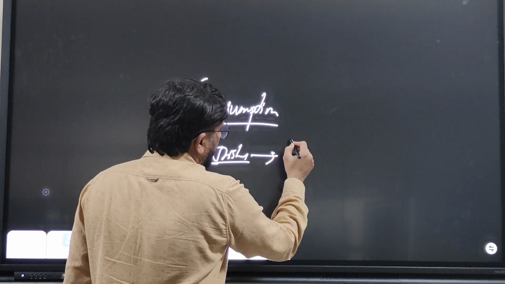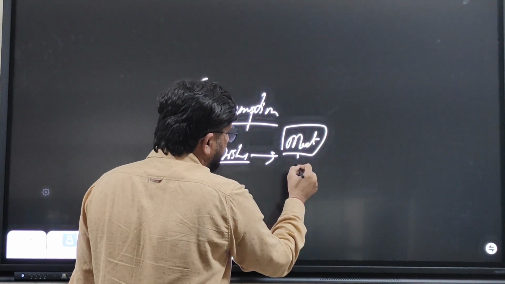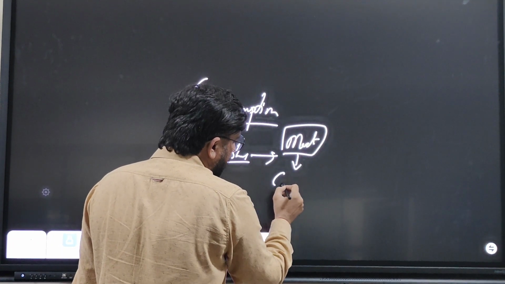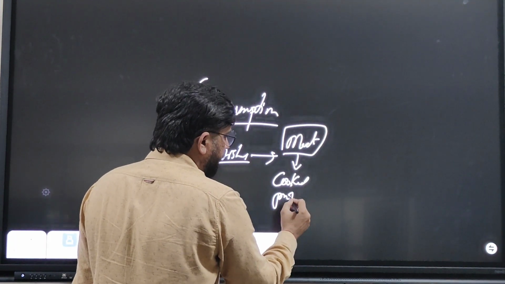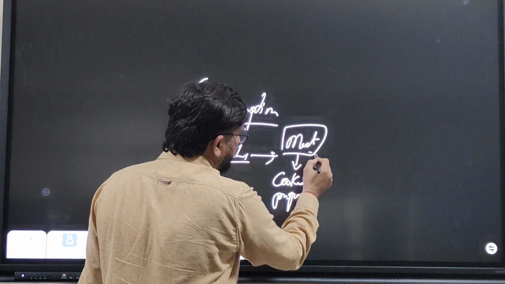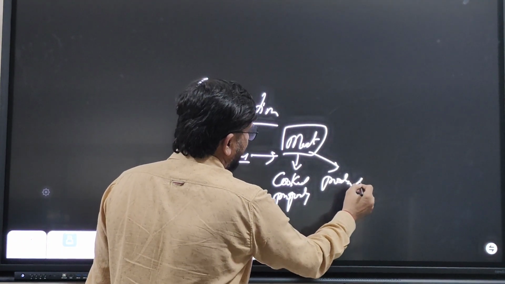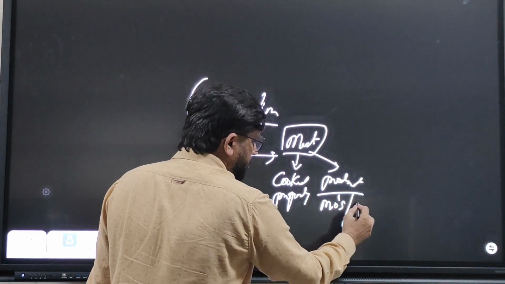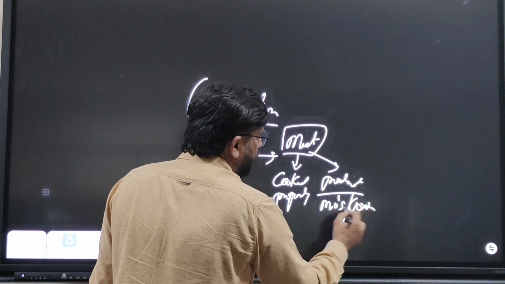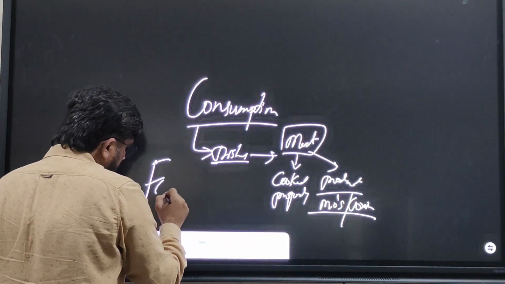You bring a meat product, and if this meat product is not cooked properly at home, and you consume that meat product which is contaminated with microorganisms or their toxins, you may end up with food poisoning.